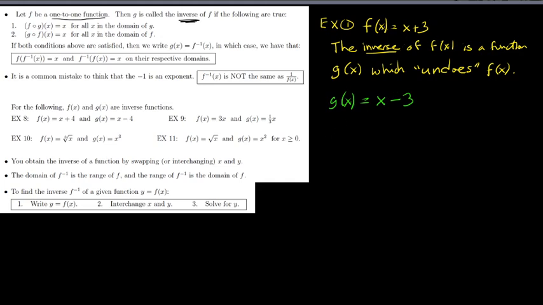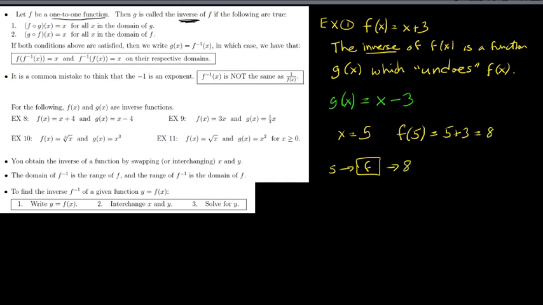If I take any value of x, let's say x equals 5, and I apply f to that value, what does f do? It just adds 3 to any x as the input. So you plug 5 into f, and f adds 3, so 5 plus 3 is 8.